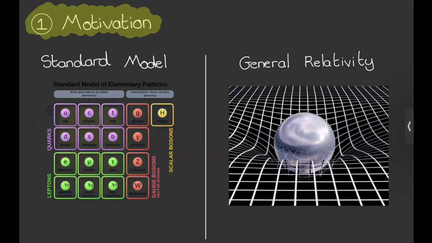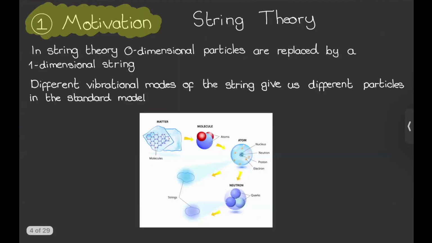These two theories work very well in their respective domains, but they don't work very well when you try to fit them together. So ideally, we'd like a complete theory of physics that incorporates both of these theories. That's what we refer to as the theory of everything, which is the name of the film that probably many of you have seen.